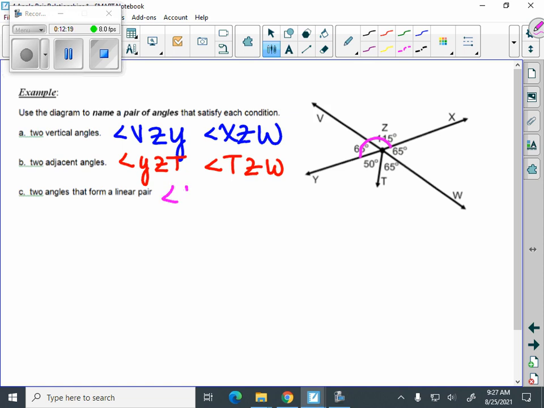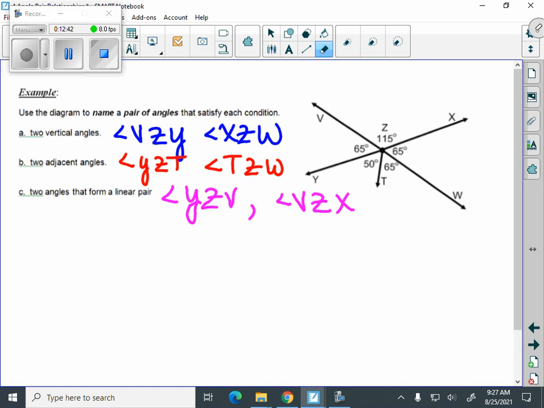YZV and VZX. Not the only option in that picture. That's just the one I particularly saw.